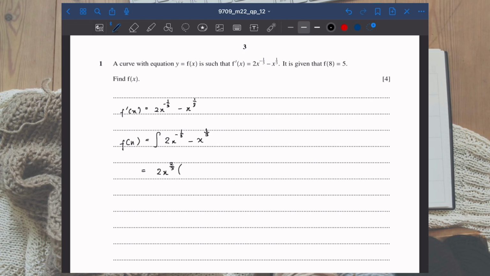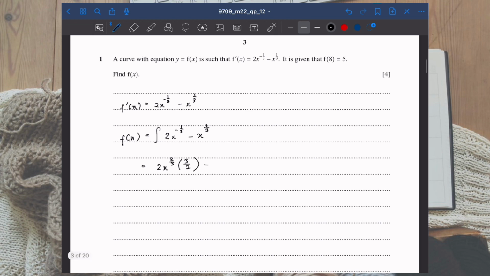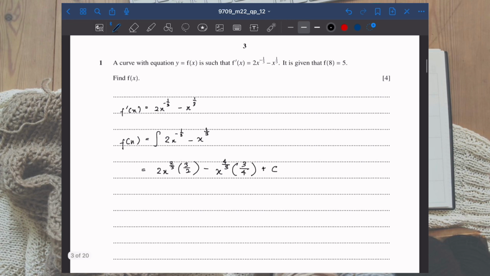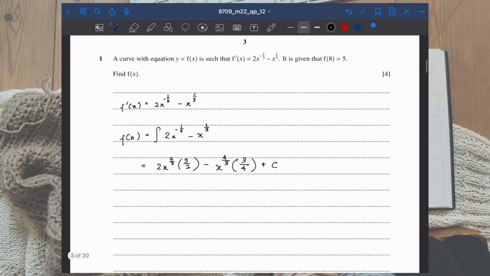Then divide by the power, get 3 over 2. Minus integrating x power 1 over 3, we get x power 4 over 3, and then divide by the power, we get 3 over 4, as well as a plus c, as we're not given any limits in this question.